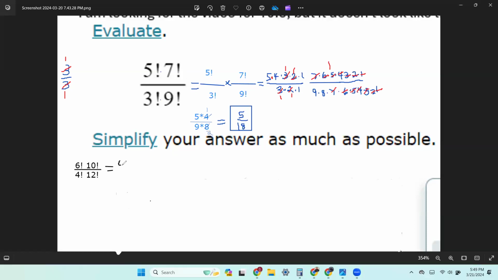So what I'm going to do up here is count down to 6, 5. Now, instead of going all the way down, I'm going to stop at 4 factorial, because that 4 factorial matches the one in the denominator. So rather than write them all out, I'm just stopping at the one at the bottom, because that way I can just get rid of it without having to write every one of them out.